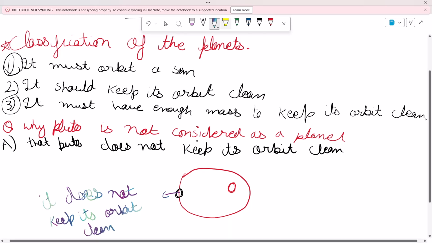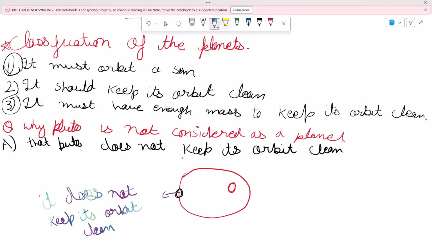First we need to know about the Kuiper belt. The Kuiper belt is beyond Neptune, and there are many asteroids. So in Pluto's orbit, there are many asteroids orbiting like this, so it is unable to keep its orbit clean. Therefore, Pluto is not regarded as a planet.